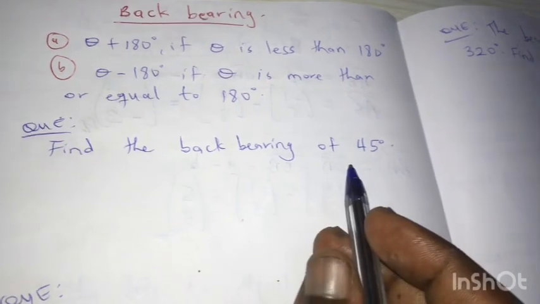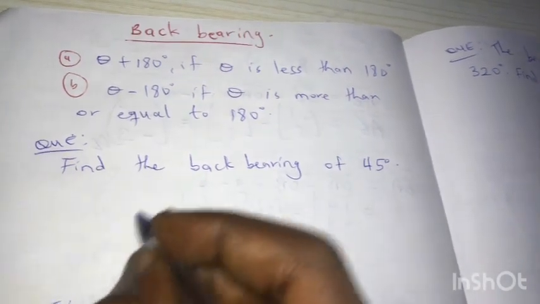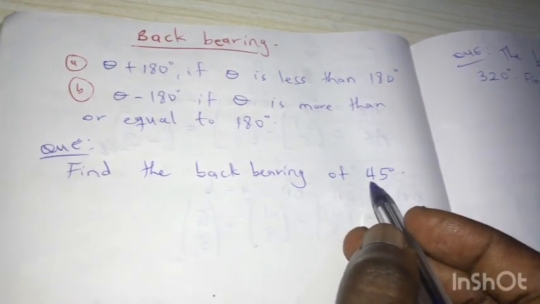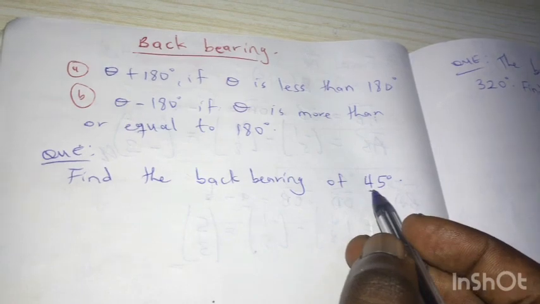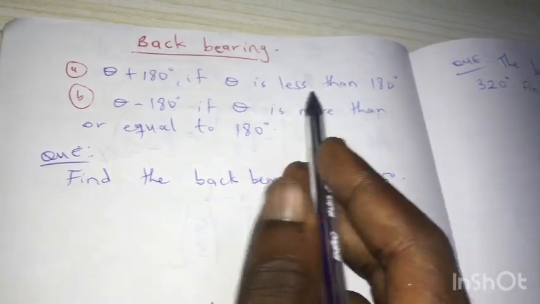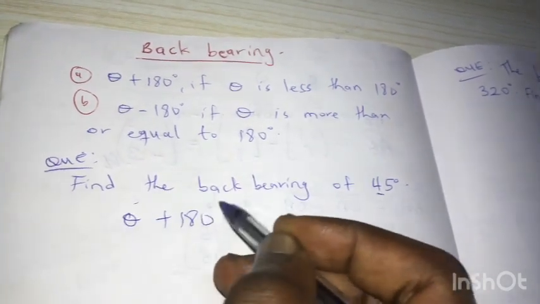Find the back bearing of 45 degrees. So the back bearing of 45 degrees, is it greater than or less than 180? It is less than. So in here we say if it's less than, then the formula will be theta plus 180.